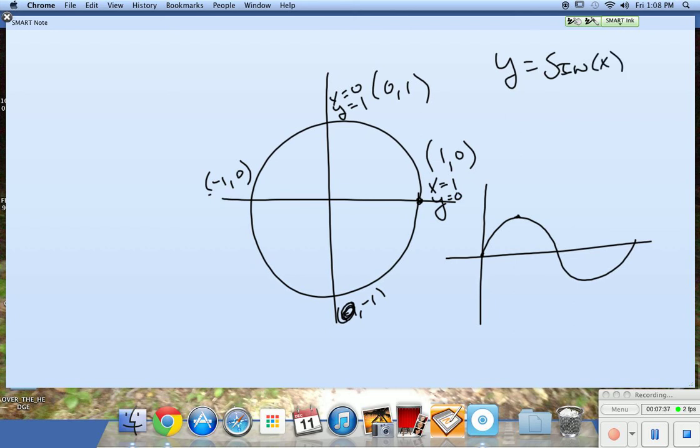When x equals 0, right here, we are at a y of 1. We're up here. When x equals 1, out this way, we're at 0. All right. This mimics the sine graph and what you're doing.